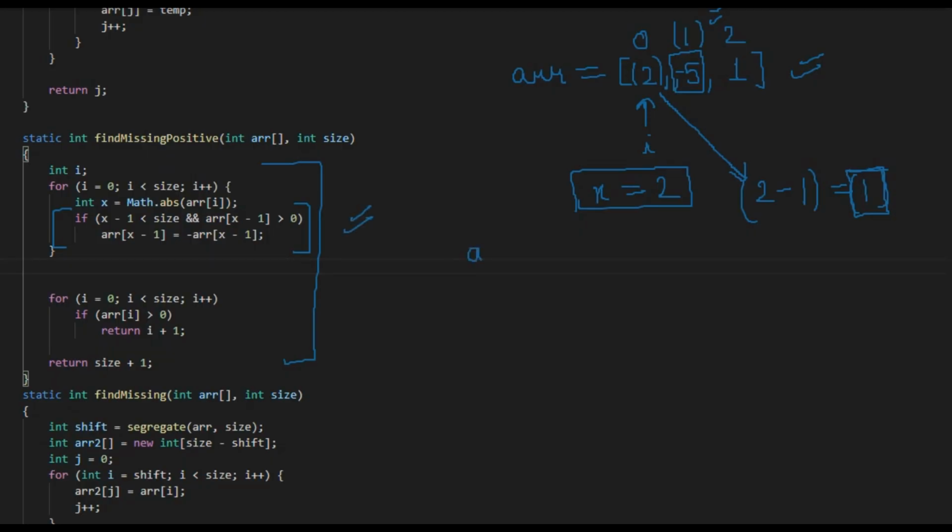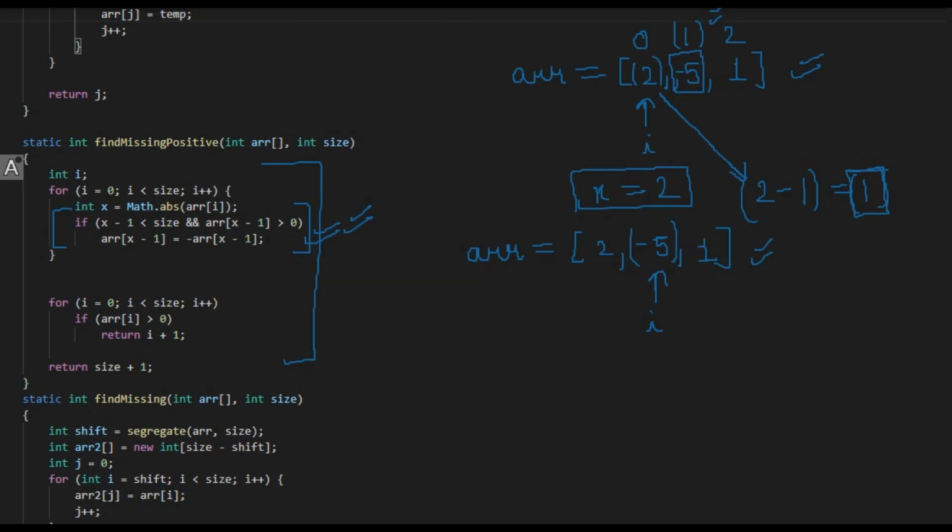Okay, so let's draw it again. We have array equal to 2, minus 5 and 1, because this if statement has executed and made 5 into minus 5. Now we will move again and now i will point at minus 5. Our x value will be 5. For this if statement to execute, we have to check if 5 minus 1, which is 4, is present as an index in this array or not.